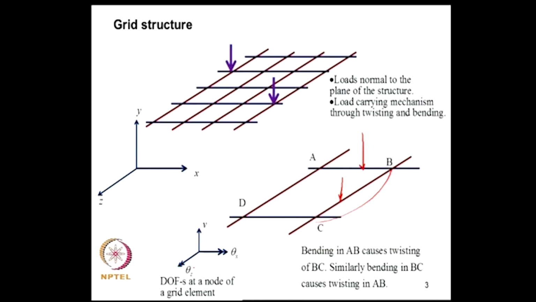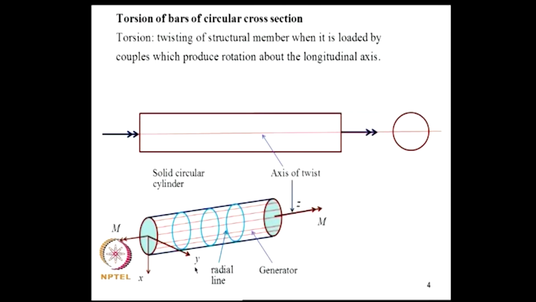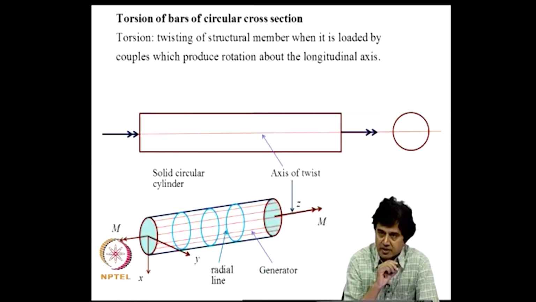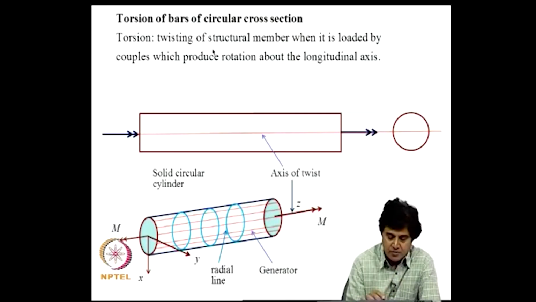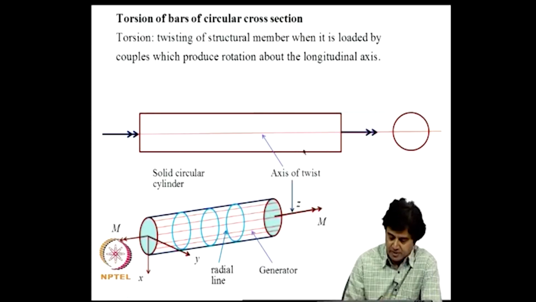So, let us revisit that topic now, and we will start the discussion by considering torsion of bars of circular cross section. So, torsion is twisting of structural member when it is loaded by couples which produce rotation about the longitudinal axis. So, this is the line element. So, in this case also we assume, as in beams, the transverse dimensions, that is the depth and breadth, are small in comparison to the length of the member.